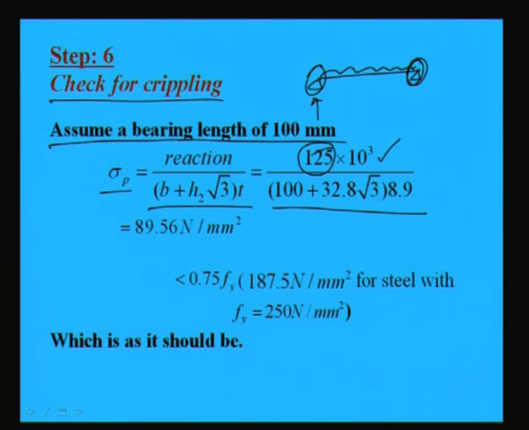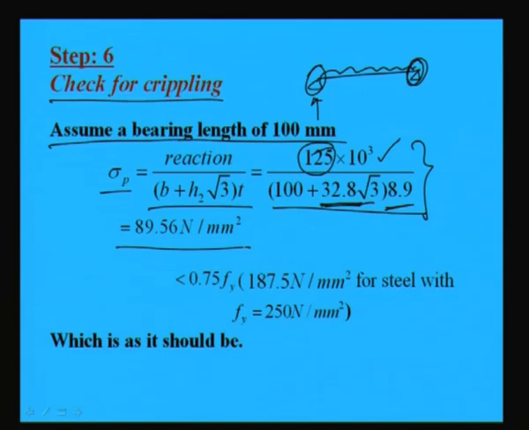From the IS handbook, SP6, for ISMB 400 the H2 is 32.8 mm, and T is the thickness of the web, which is 8.9. If we calculate this value, we will get the sigma P value as 89.56 Newton per millimeter square.